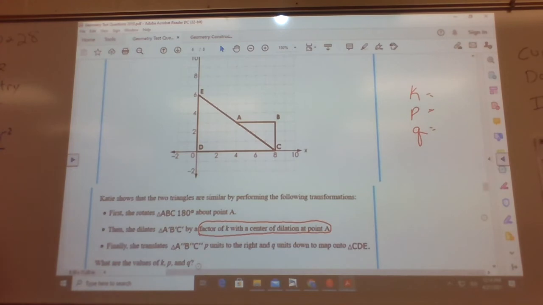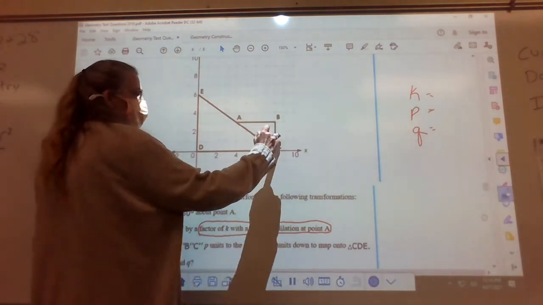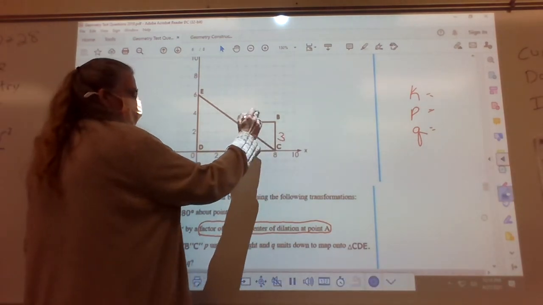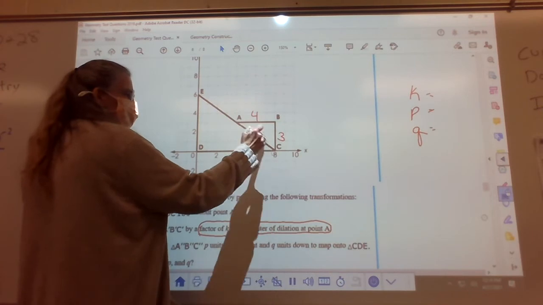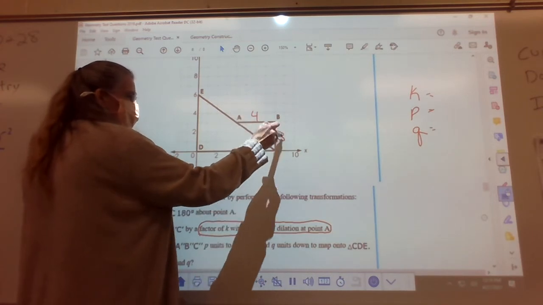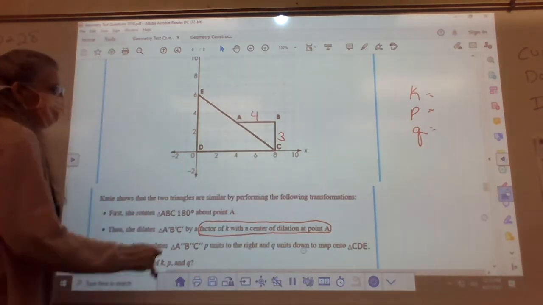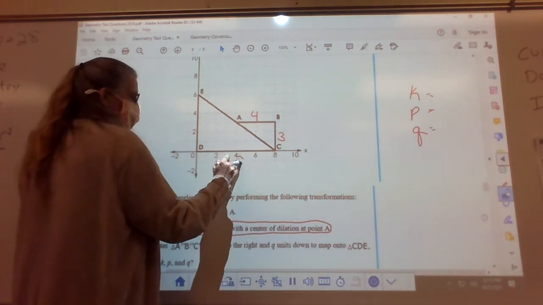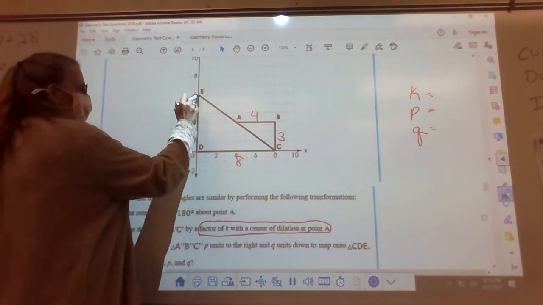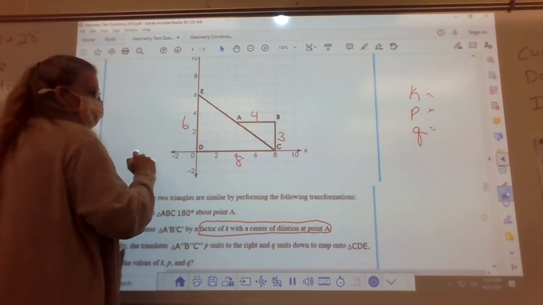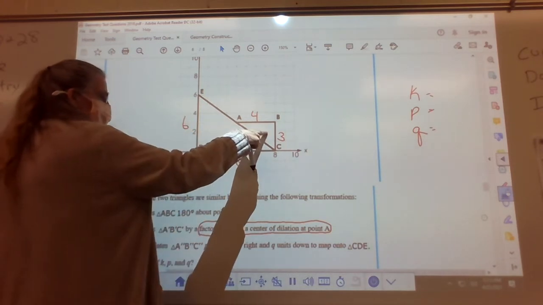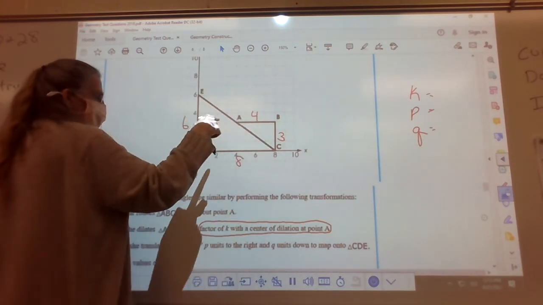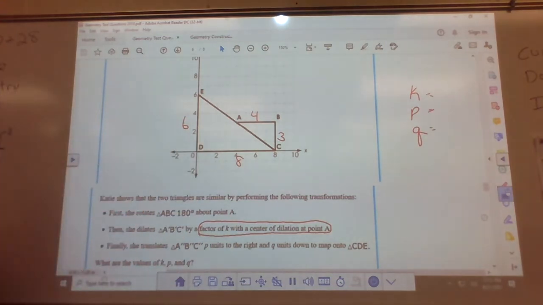This triangle here has a 3 and a 4 so far. This one, 1, 2, 3, 4, 5, 6, 7, 8. 1, 2, 3, 4, 5, 6. So I had this triangle to begin with. They did a bunch of stuff, and I ended up with this triangle.